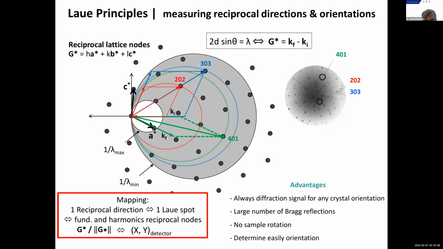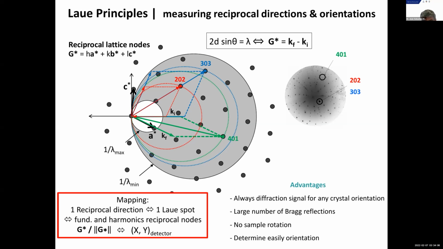So as you can see, the direction of reflection of Kf red and Kf blue are the same. These photons will go out of the sample, this one red and this one blue, and they will hit the detector at the same position.